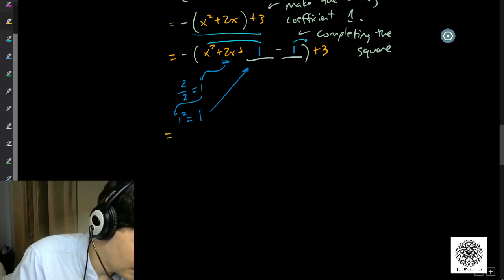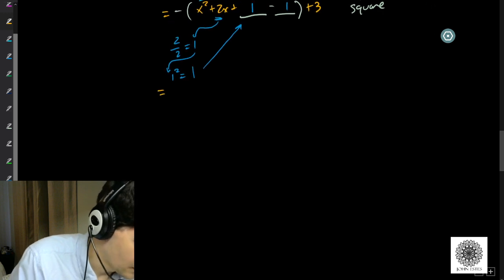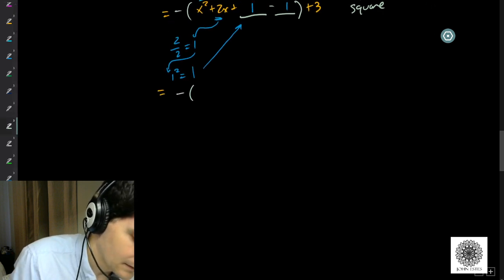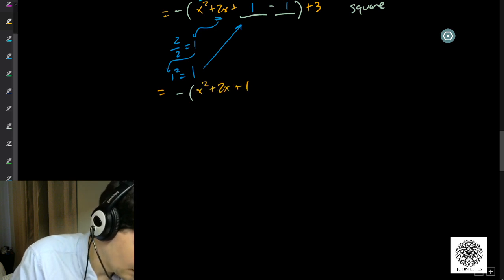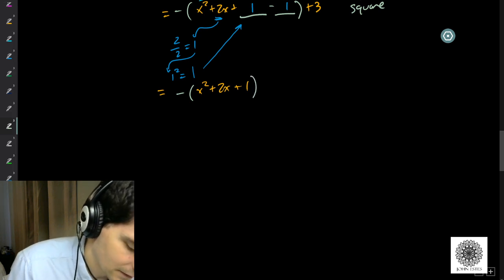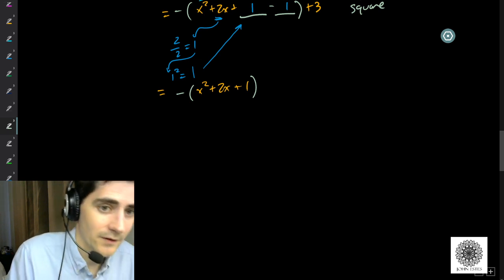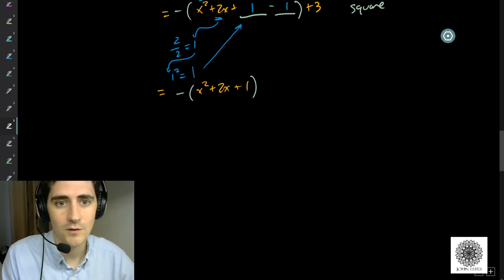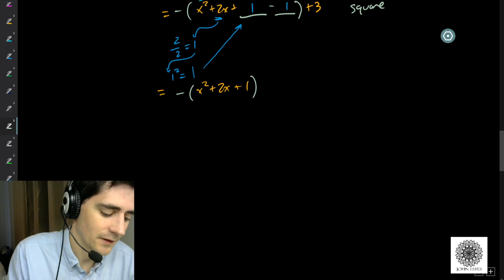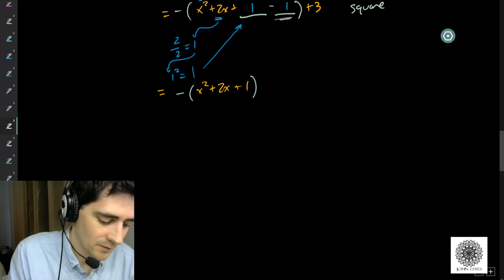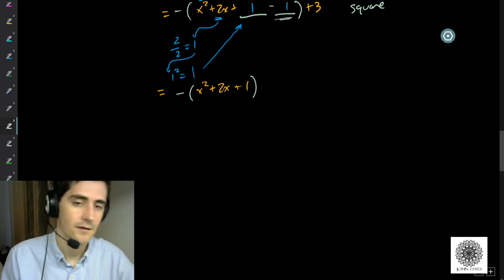So let's see, we now have negative, x squared plus 2x plus 1. That's good, because that's going to factor very nicely. And then I need to take out this negative 1. But remember, anything inside the parentheses is being multiplied by what's out front, right?